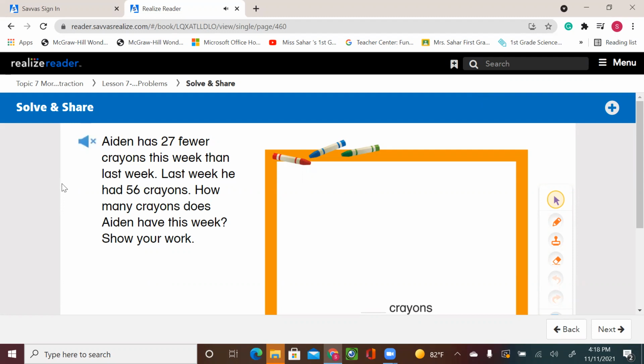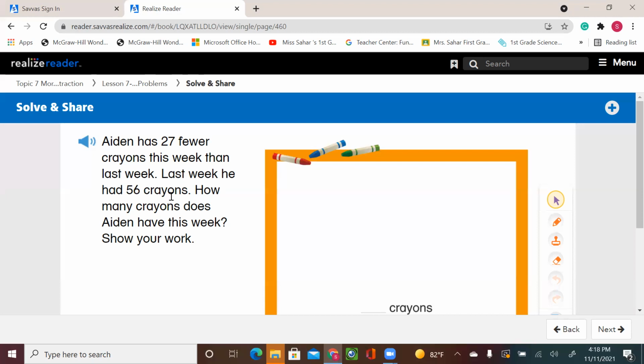Aiden has 27 fewer crayons this week than last week. Last week, he had 56 crayons. How many crayons does Aiden have this week? Show your work. All right. So Aiden has 27 fewer crayons this week than last week. So last week he had 56 crayons.